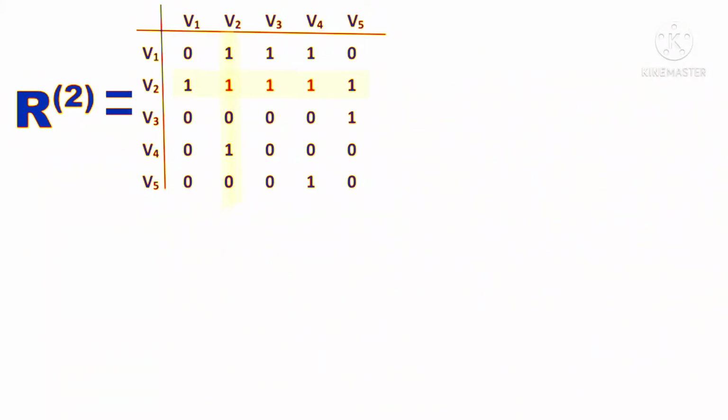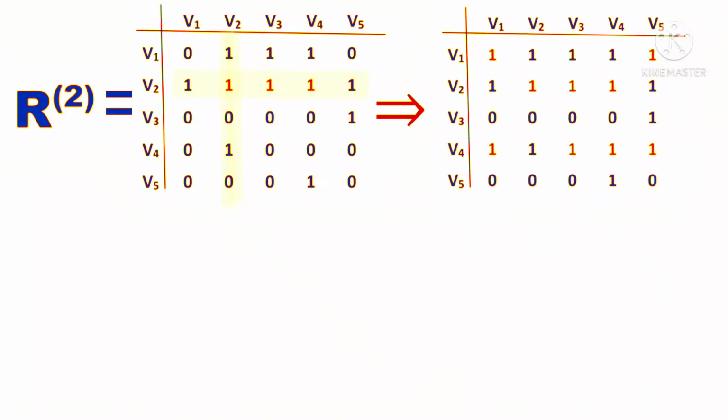In R2, a 1 reflects the existence of paths with intermediate vertices from the rows of V sub 1 and V sub 4. In V sub 1, there are two new paths, which are V sub 1 to V sub 1 and V sub 5. In V sub 4, there are also four new paths, which are V sub 1 to V sub 4, V sub 3 to V sub 4, V sub 4 to V sub 4, and V sub 4 to V sub 5.